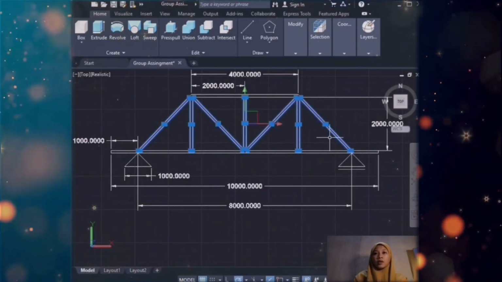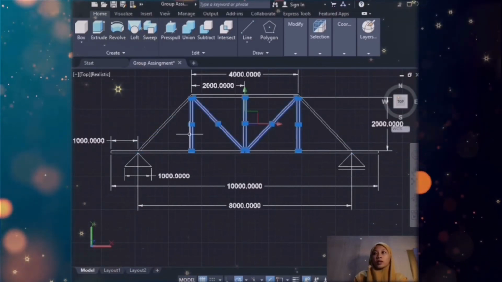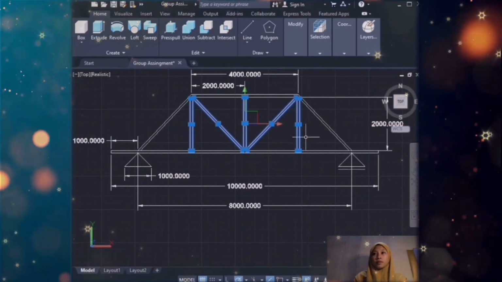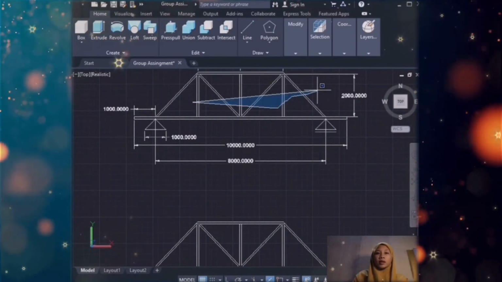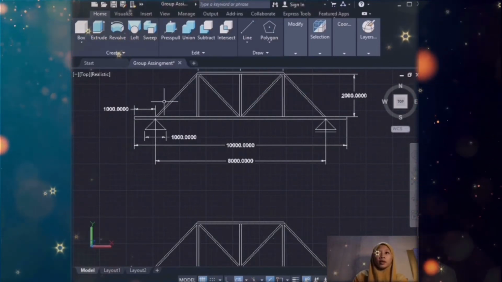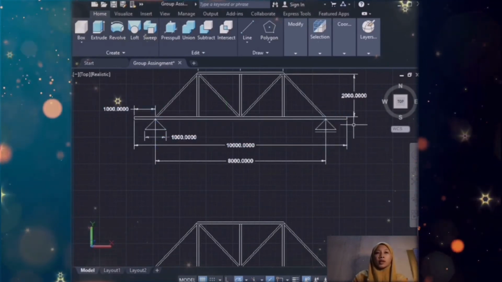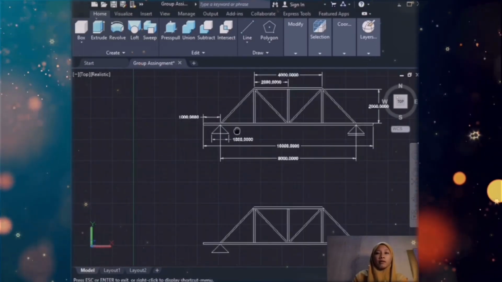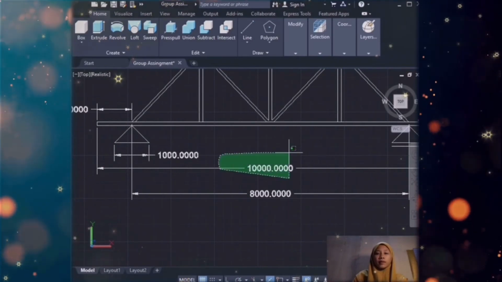Next, the contact of every base height and width is 200 millimeter. Because the center is 8,000 millimeter, this part and this part is only 1,000 millimeter, so the total is 10,000 millimeter.